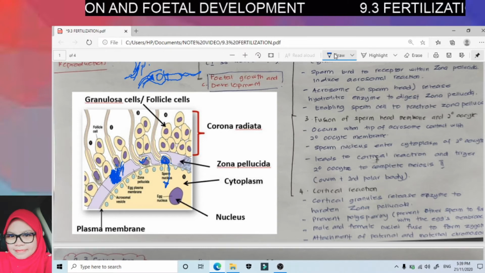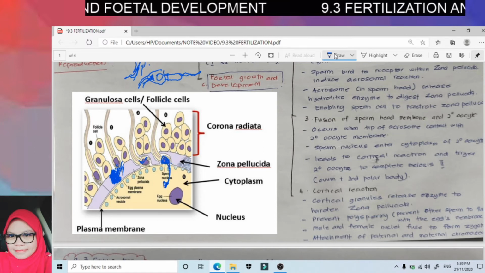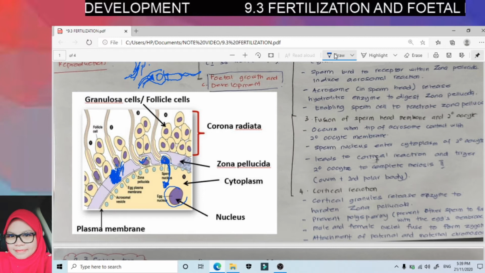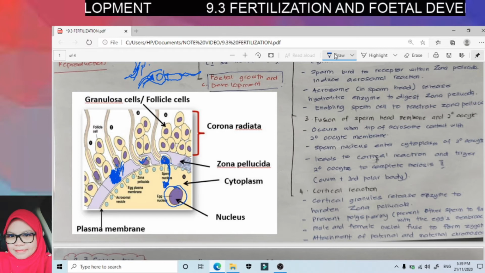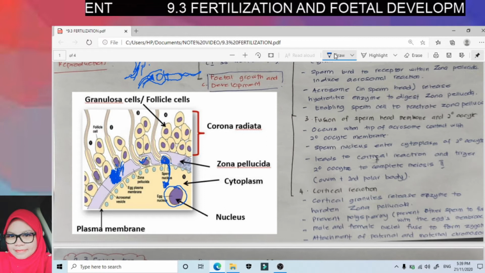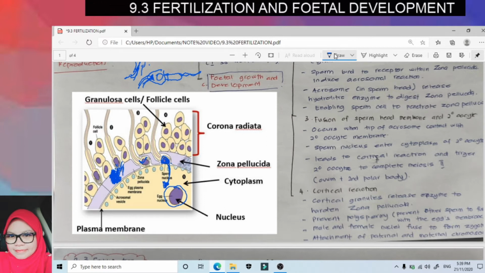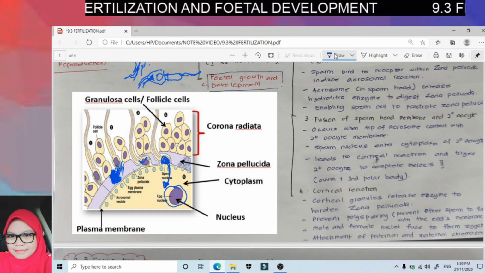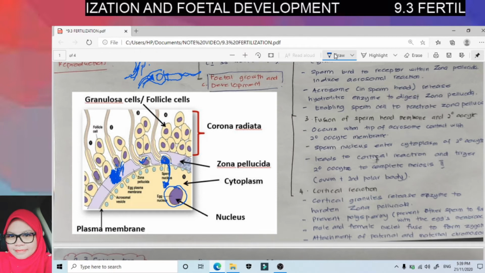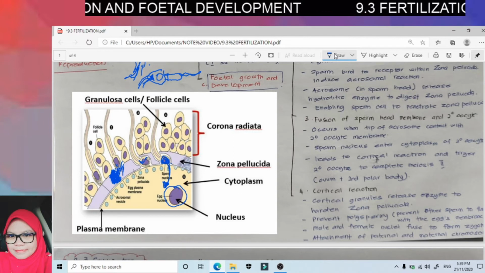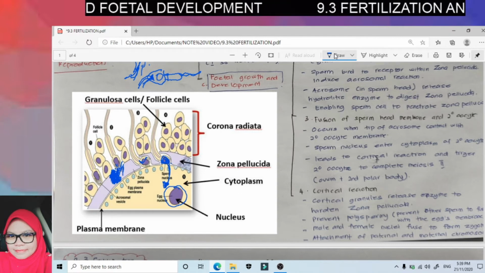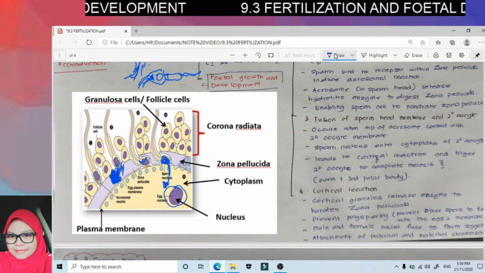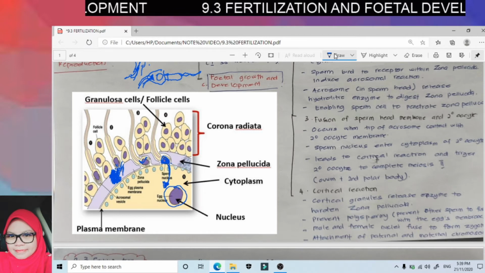Then the entrance of the sperm nucleus triggers the egg nucleus to complete meiosis II. Remember the oogenesis process. The primary oocyte undergoes meiosis 1, completes meiosis 1 and begins meiosis 2, and becomes a secondary oocyte.